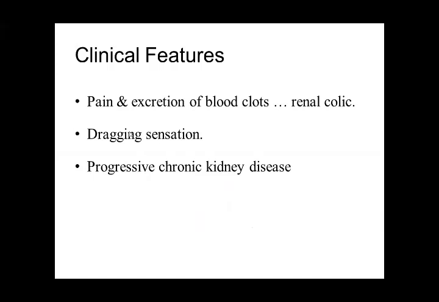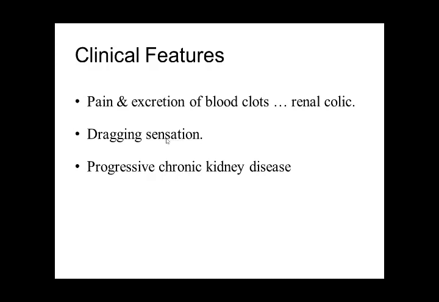Clinical features are pain in the renal area, then there is dragging sensation, and progressive chronic kidney disease, which means it is going towards renal failure. And the patient may throw blood clots and have renal colic.